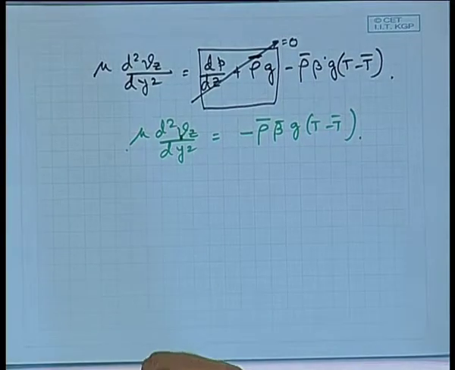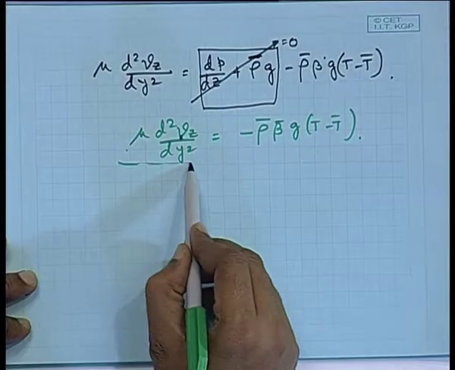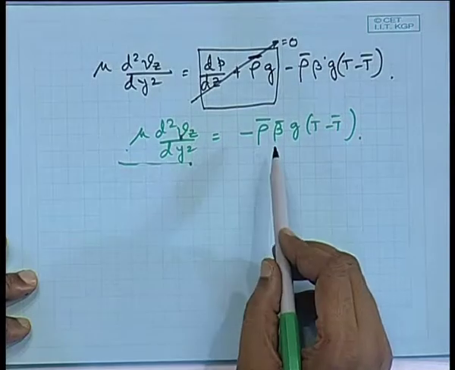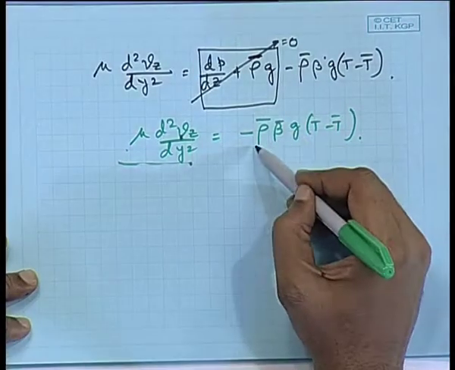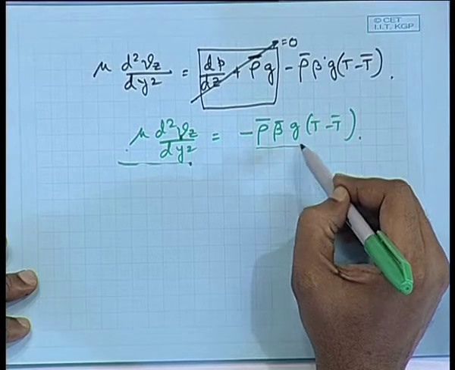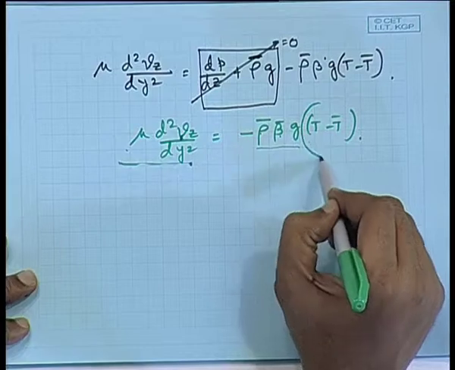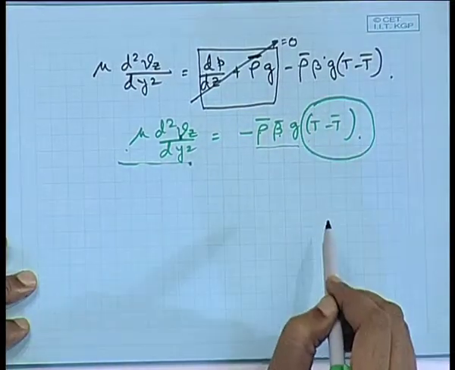After all this, I have got the governing equation where the velocity change is expressed as a function of properties of the system and change in properties of the system imposed by a temperature difference.